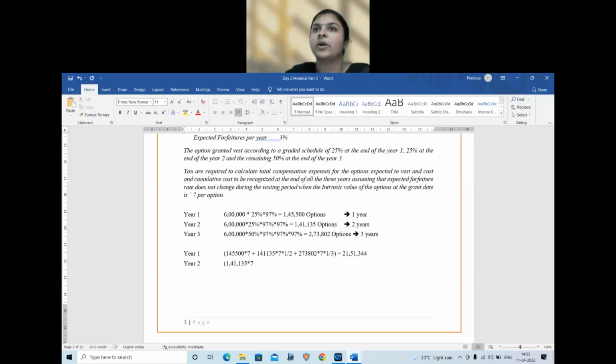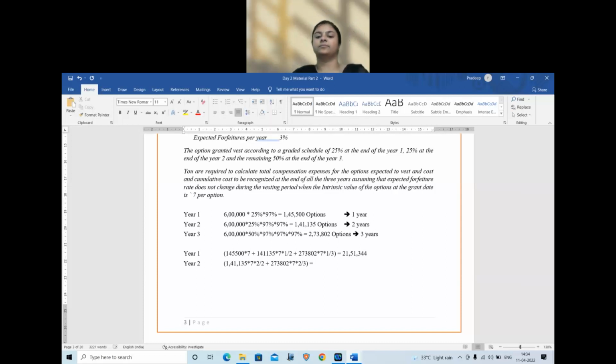So as it is, into 2/2. So I am leaving it as it is. Next, for the third year set of options, which is 273,802, I am going to record at 7 rupees. Of 3 years, I am going to recognize for 2 years. So here I will write into 2/3.